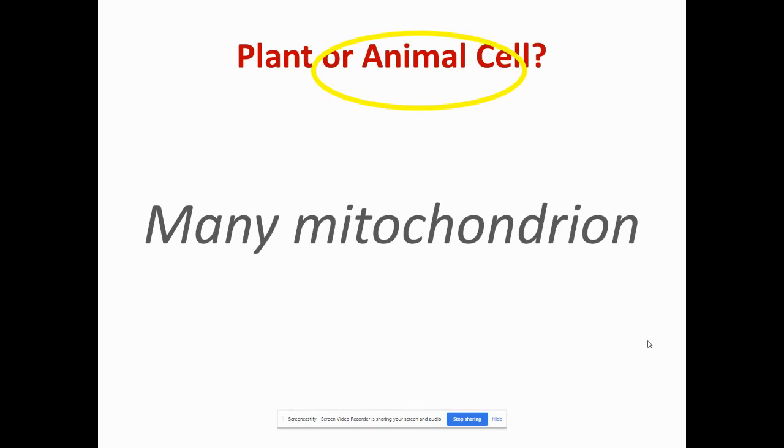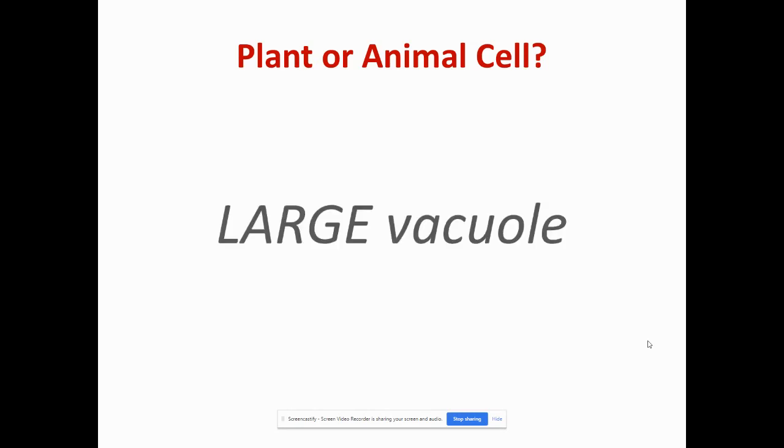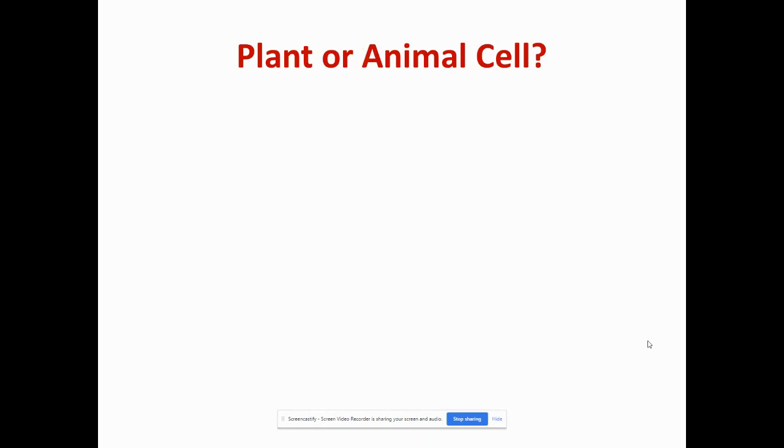Animal cells have many mitochondria because animals use a lot of energy. Large vacuole. Vacuoles store water. Plants need a large vacuole because they don't know when the next time it's going to rain or they're going to get watered, so they need to hold on to their water.